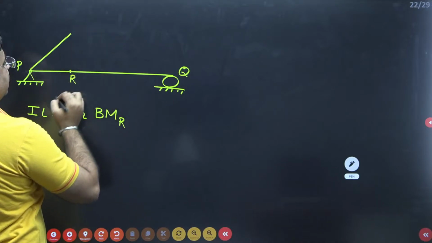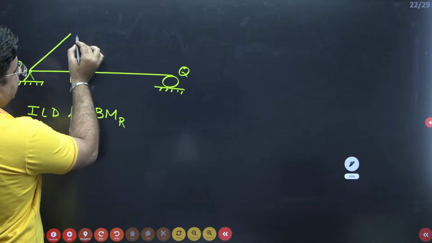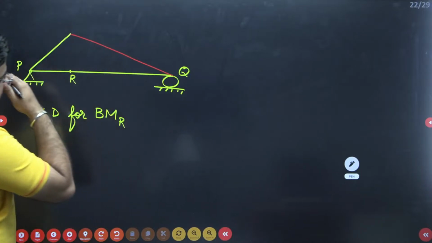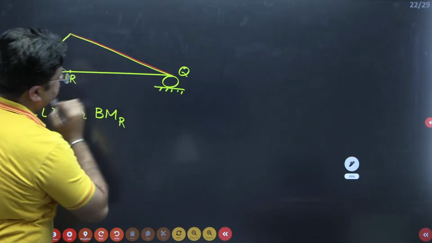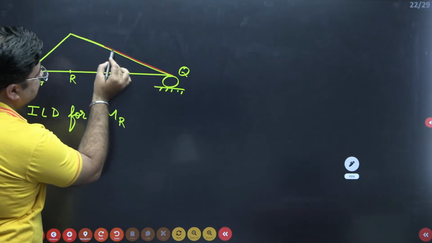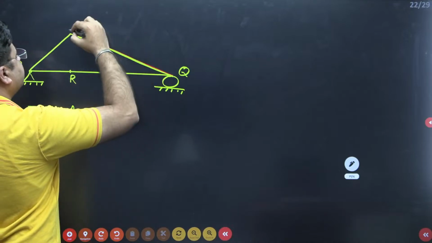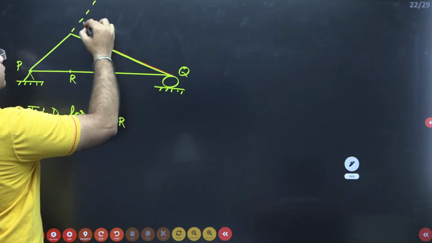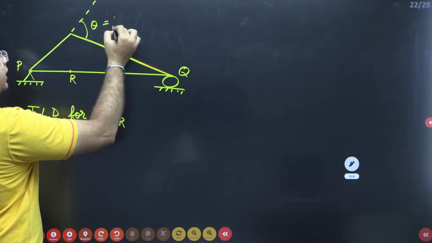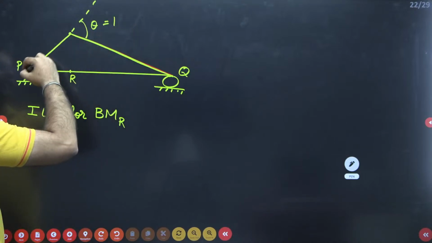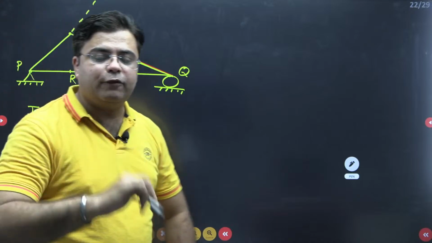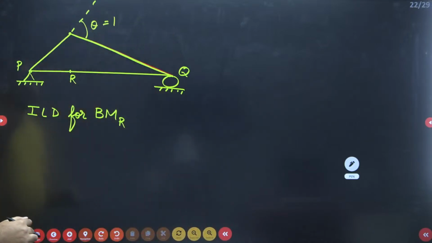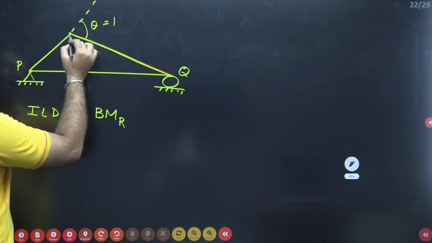This is member PR and this is my member RQ. This is my unit rotation between members PR and RQ, right? This deflected shape of the beam will give me the influence line diagram for bending moment at R.